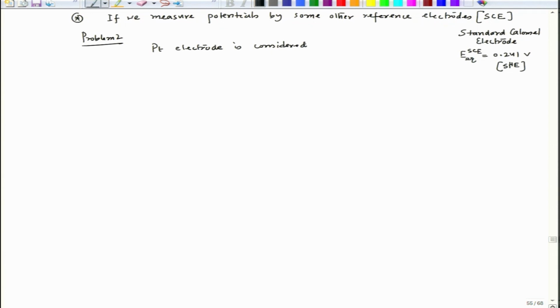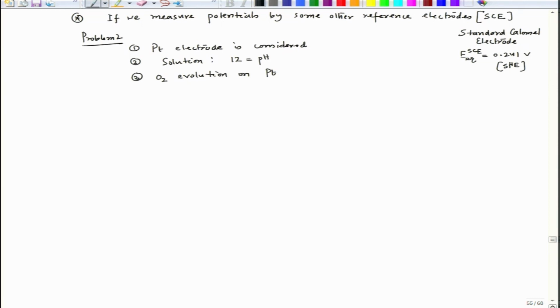If we take a platinum electrode and consider that it is in a solution, or the electrolyte is having pH of 12, so the solution pH is 12, and in that situation we are seeing oxygen evolution on the platinum electrode. So, these are the three statements.